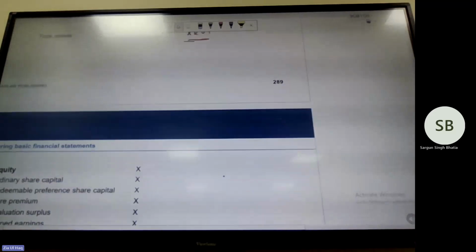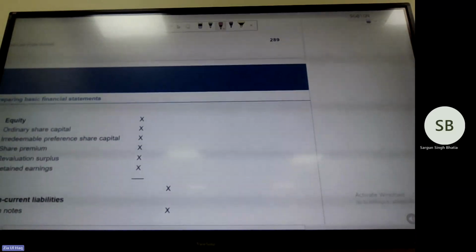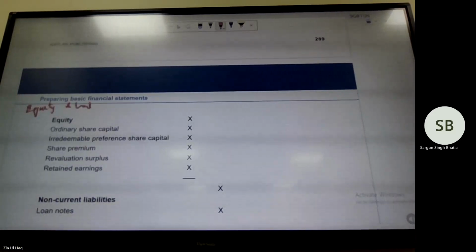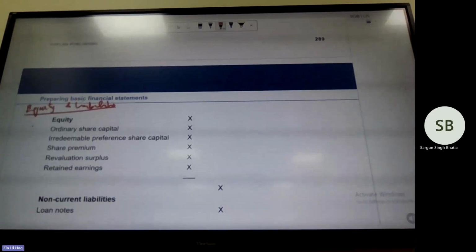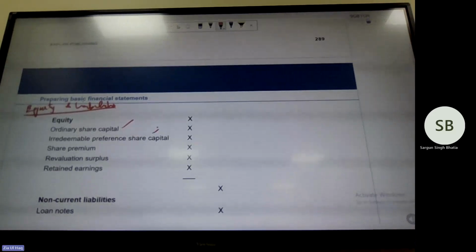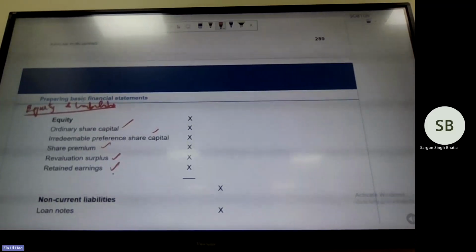Then we will record equity and liabilities, meaning we will put a heading equity and liabilities. We will start with equity first. What are the components of equity? Share capital, irredeemable preference shares, share premium, revaluation surplus, and retained earnings, and their total.